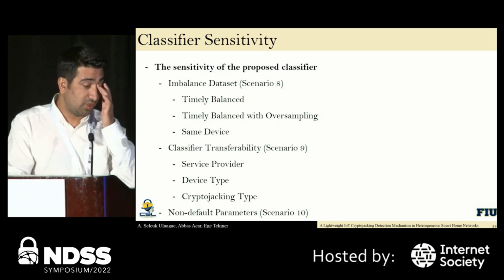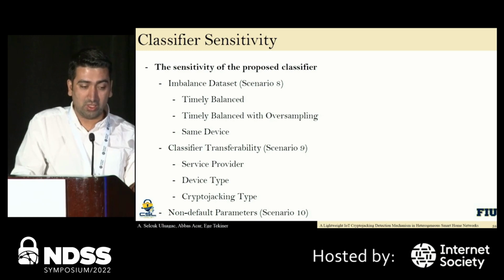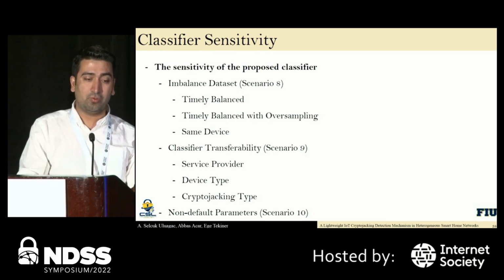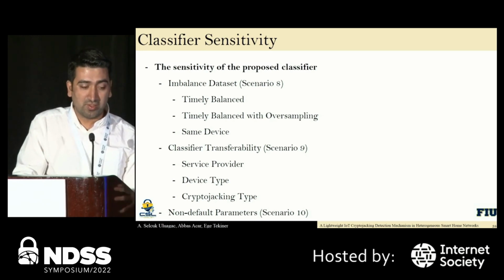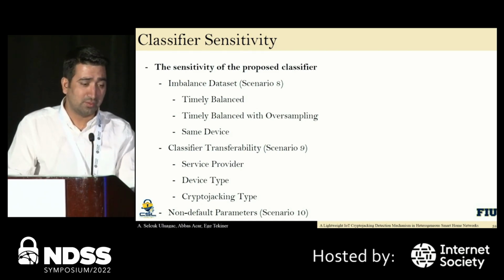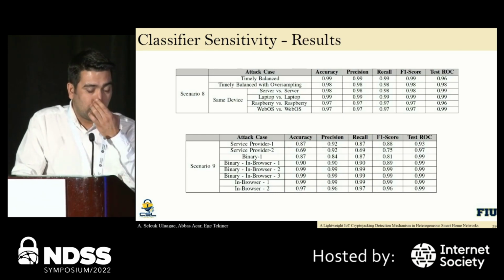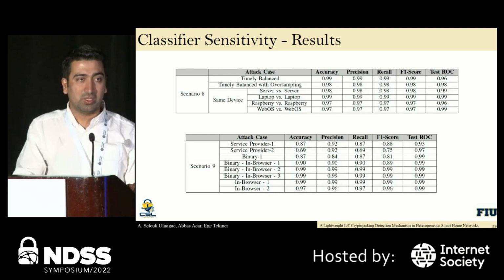And in the last set of experiments, we wanted to assess the classifier sensitivity, in which we test the scenarios for imbalanced datasets, classifier transferability, as well as non-default parameters of the classifier. For each scenario, we have a detailed explanation in the paper.